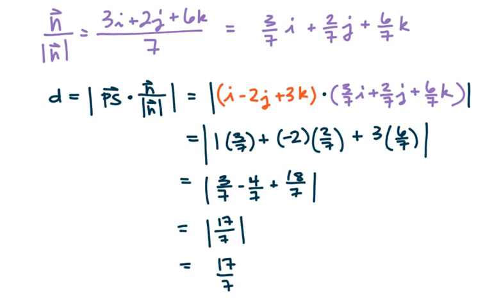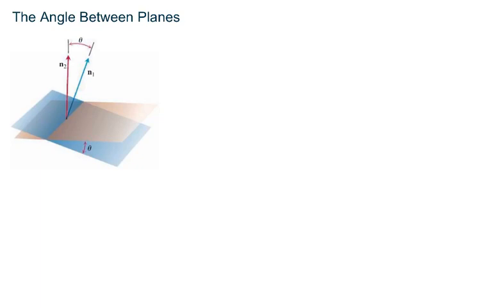We have one more example we're going to do in this video, and it's a quick formula for the angle between planes. We have one more formula here, and that is for determining the angle between two planes. So that would be the angle between the normal vectors.